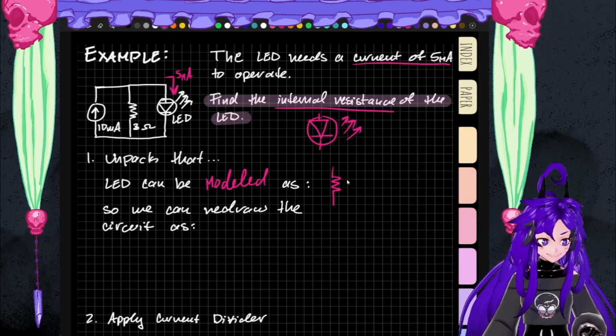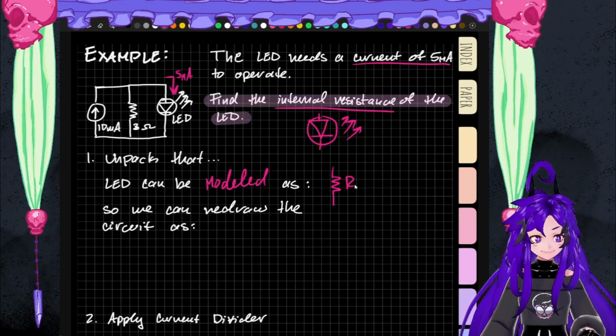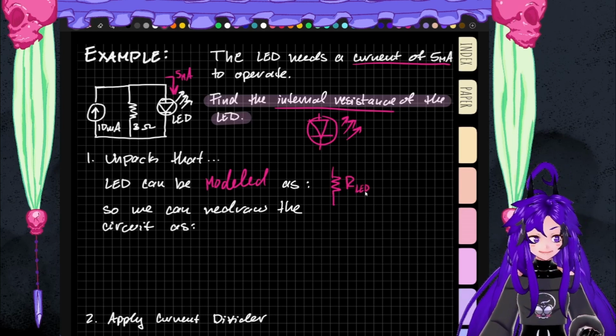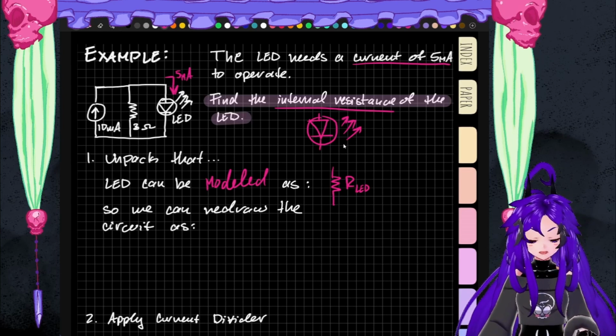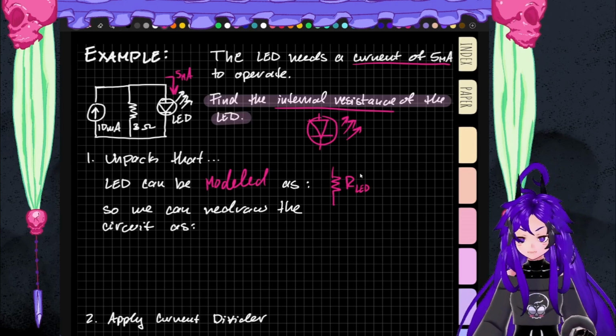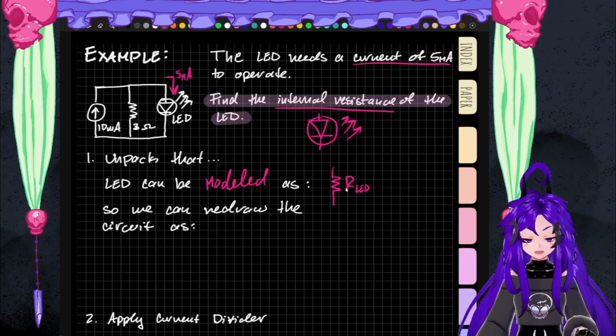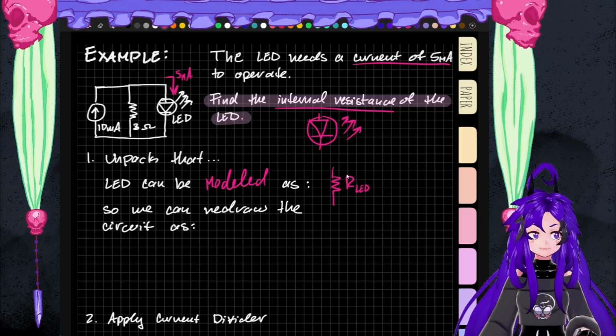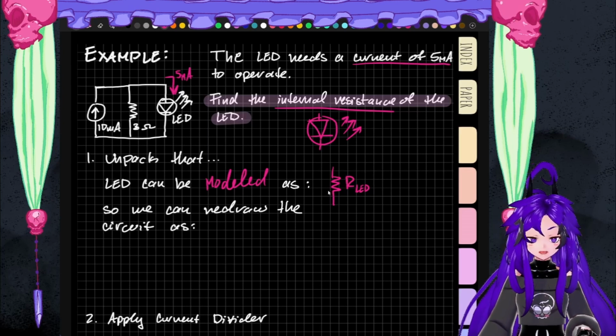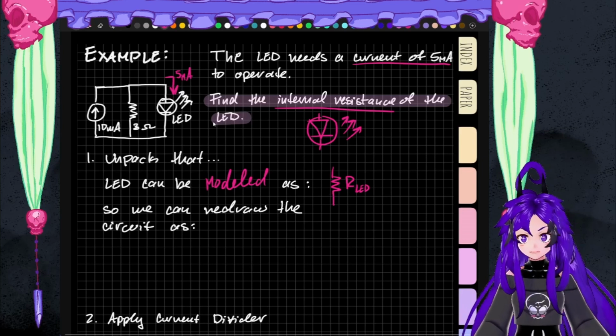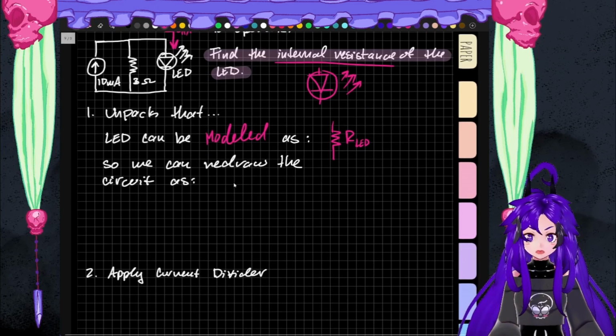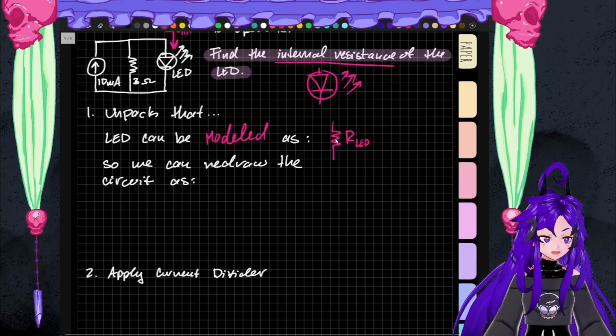Okay. So we're going to say its resistance is R LED. We're going to stop looking at this and look at a familiar symbol, the resistor, because we don't really need any of its diode properties right now. We may or may not get to explaining the diode properties. So for now, we're just going to look at this like a resistor.